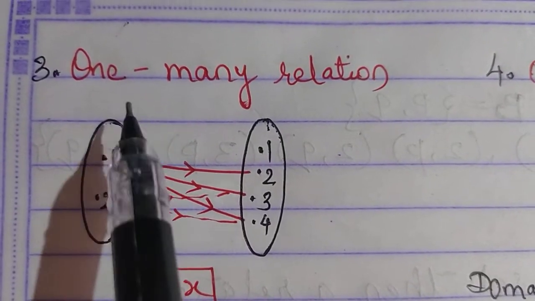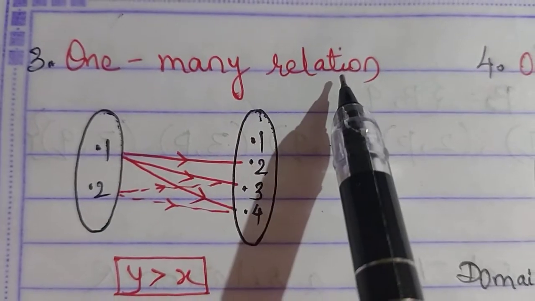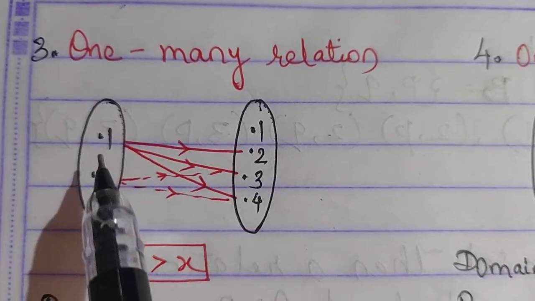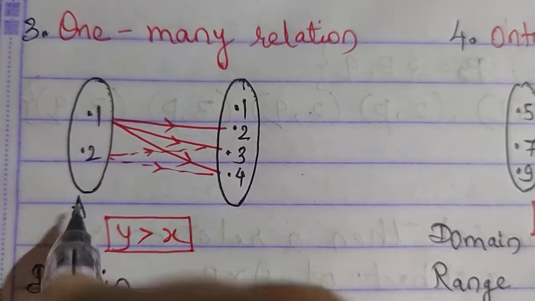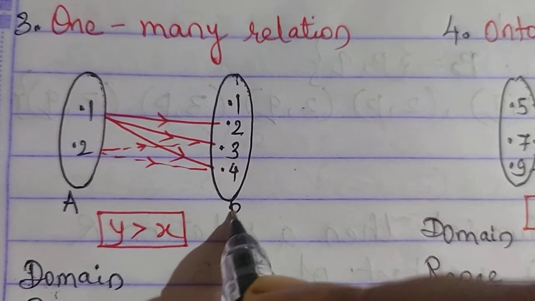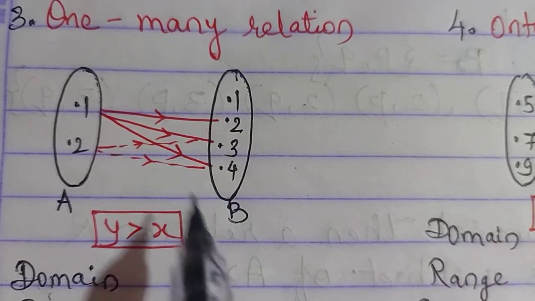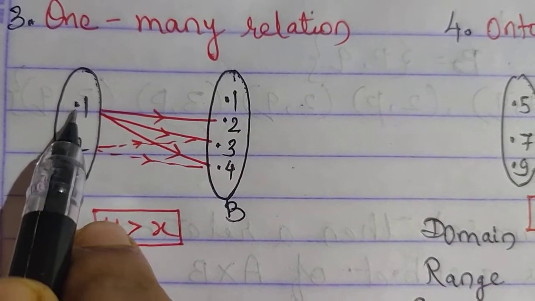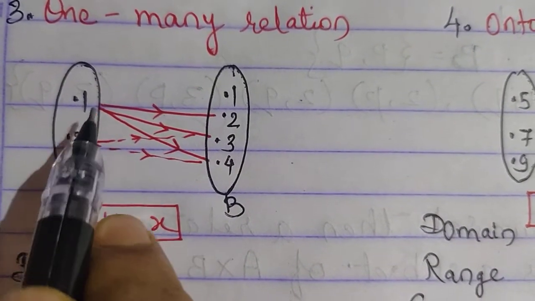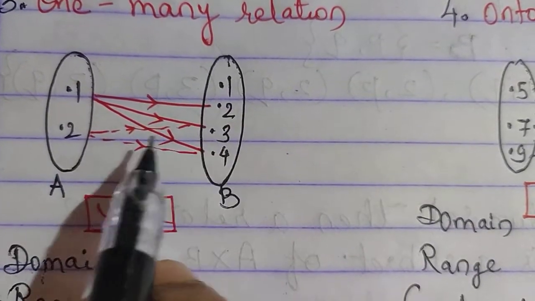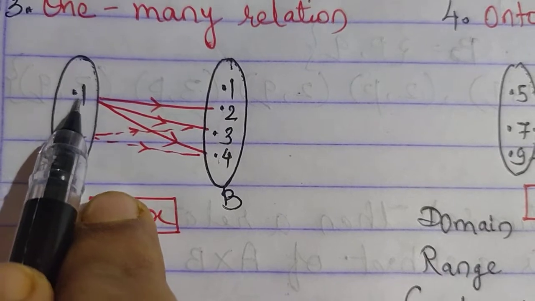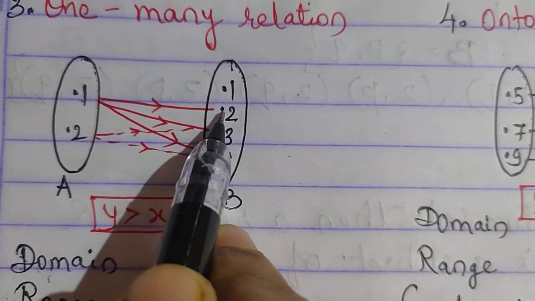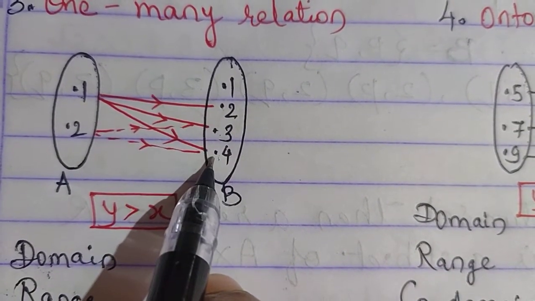Then the third type is one-many relation. One-many relation means one element of set A is related to more than one element in the set B. So this one element of the set A is related to 2, 3 and 4, more than one element in the set B. So 1 has images 2, 3 and 4.